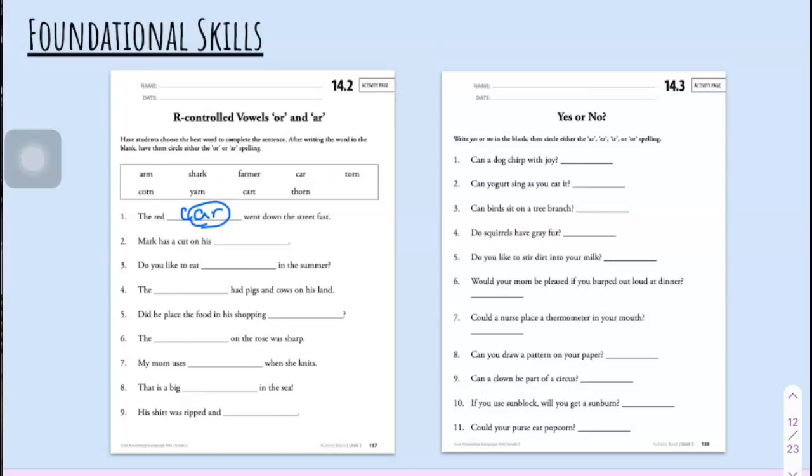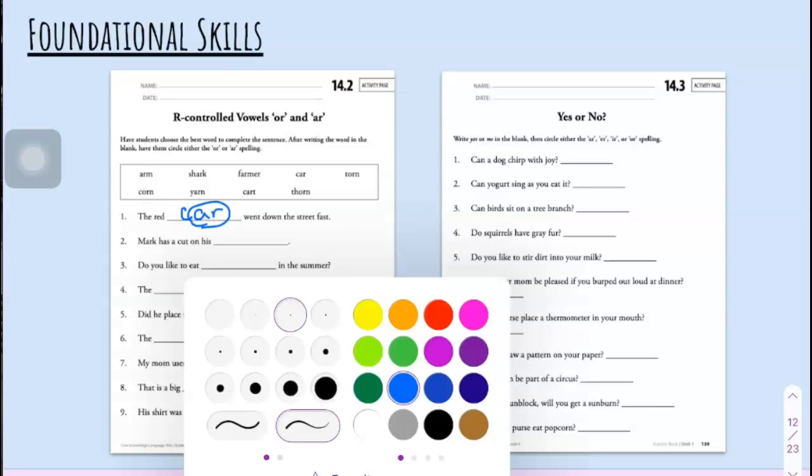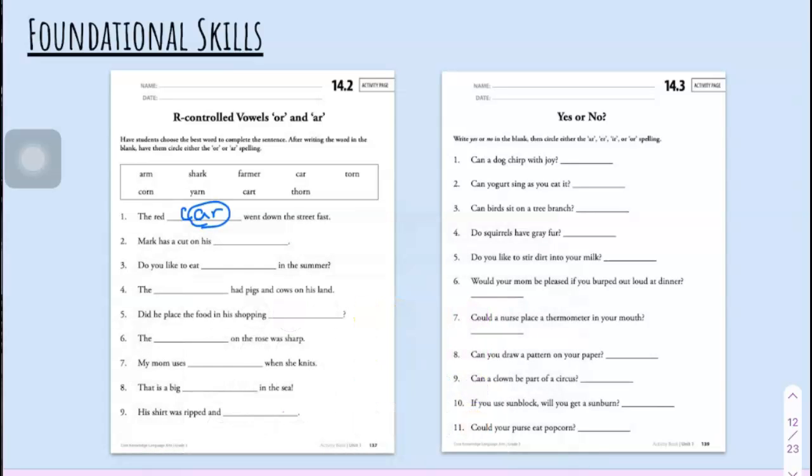Boys and girls, it's okay to ask somebody to read a sentence to you if you're not sure of the words, but I want you to try really hard. And I'm just noticing down here in number 9, there's an IR word in that sentence. So you should be able to read that word no problem.